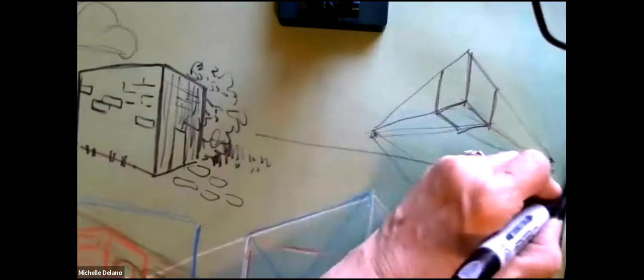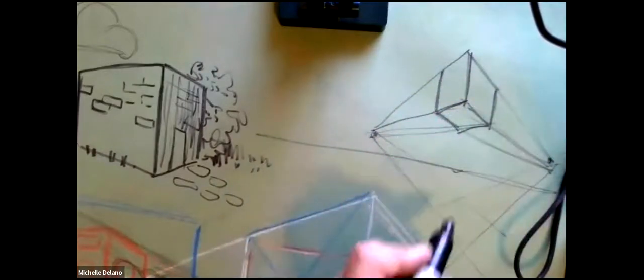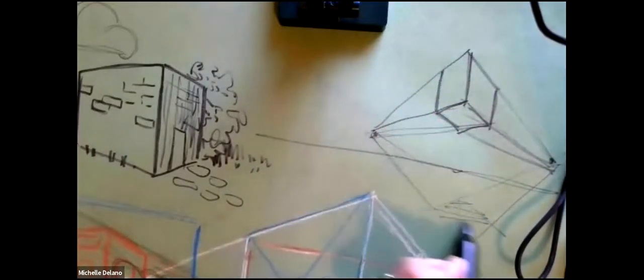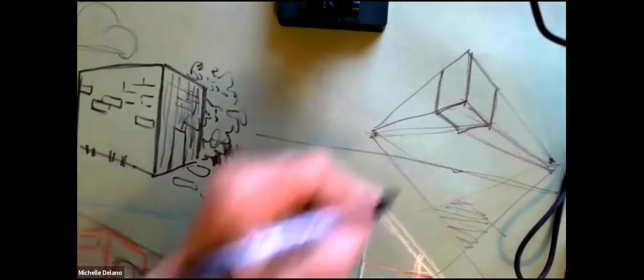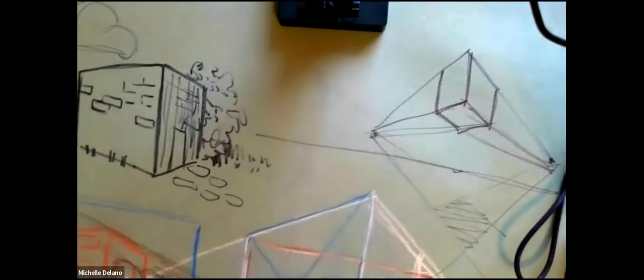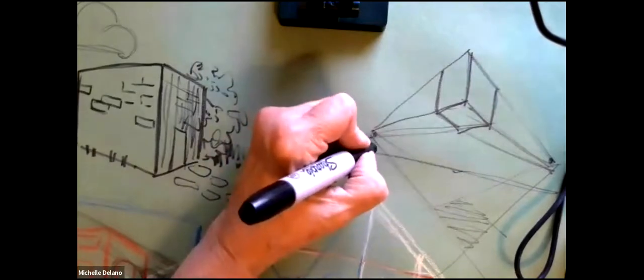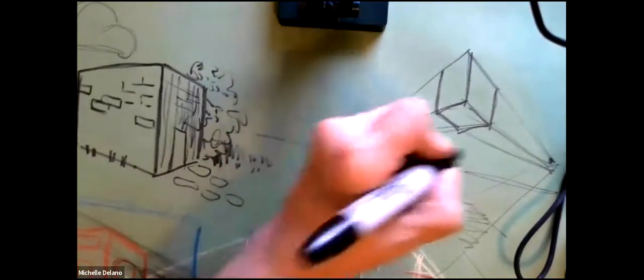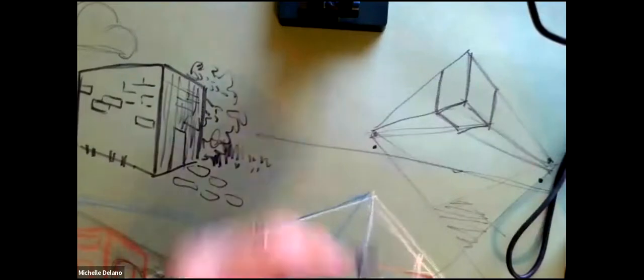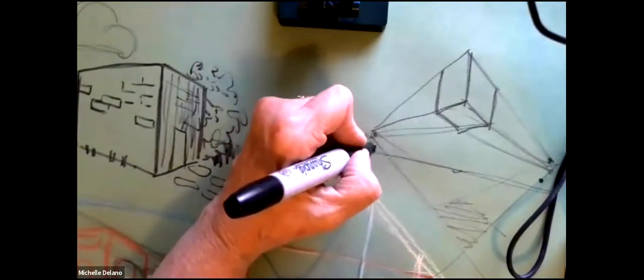And then it can be kind of cool because if I then make a shadow on the ground that has the same perspective, it looks like that floating object is casting a shadow. So if clouds float, I guess a building could float a little bit, but if you want things to float off the ground, it can be kind of fun. And if the vanishing points are just slightly above the horizon line, it'll look like it's just slightly floating.